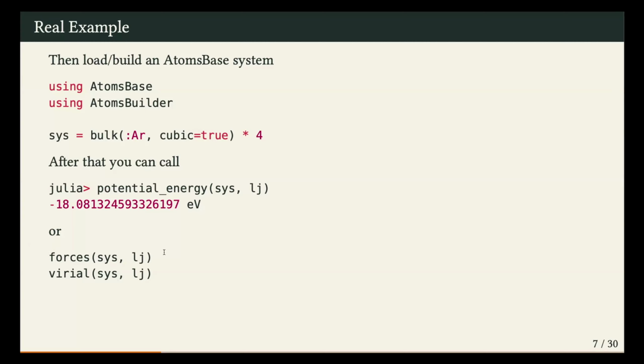The idea is that it is a vector of static vectors, so that you can also reinterpret it and consider it as a matrix. And then the virial is of course a 3x3 matrix.